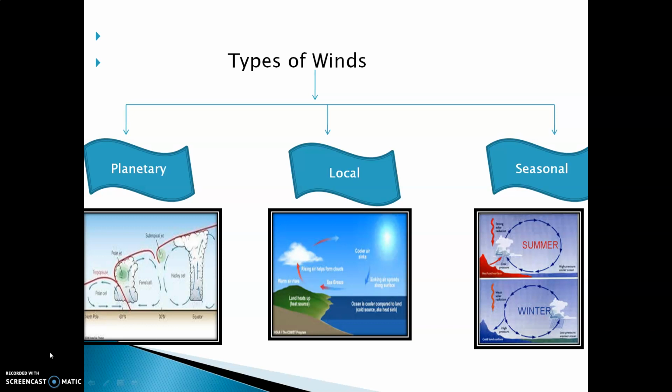You can see over here types of winds: planetary winds, local winds and seasonal winds. These are the three most important types of winds. Each of them has its own different features which make them different from one another.